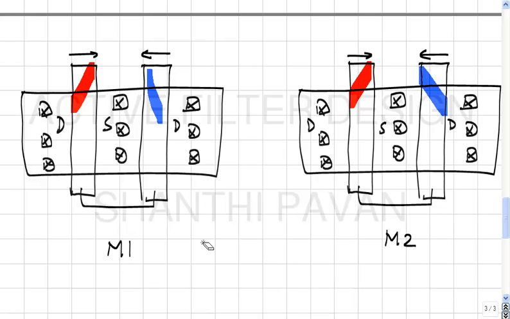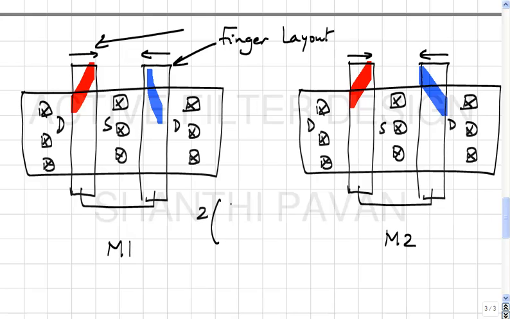So this is what is called finger based layout, and each one of these guys is called a finger, and the way you denote this is, even though the W by L of the transistor is 10 by 0.18, it is denoted as 2 into 5 by 0.18, for example, where 2 stands for the number of fingers and 5 by 0.18 stands for the W by L of each finger.